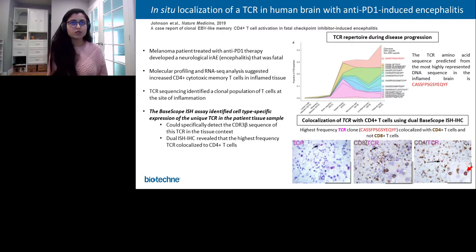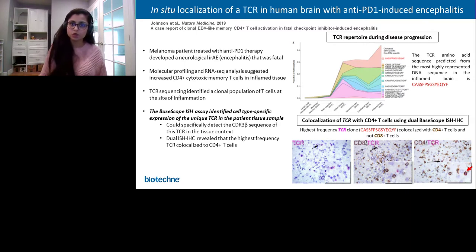Now, this group wanted to study what induced this encephalitis and identify the cell population responsible for inducing it. So when they performed TCR sequencing, they identified a sequence that was predominantly expressed in this encephalitis tissue. They designed a specific BaseScope probe against this sequence and localized this TCR within the encephalitis tissue.